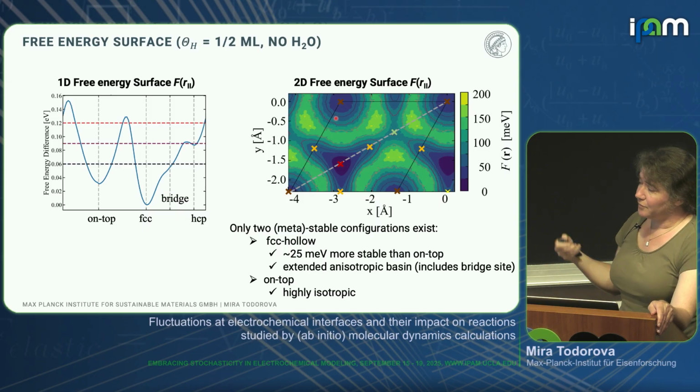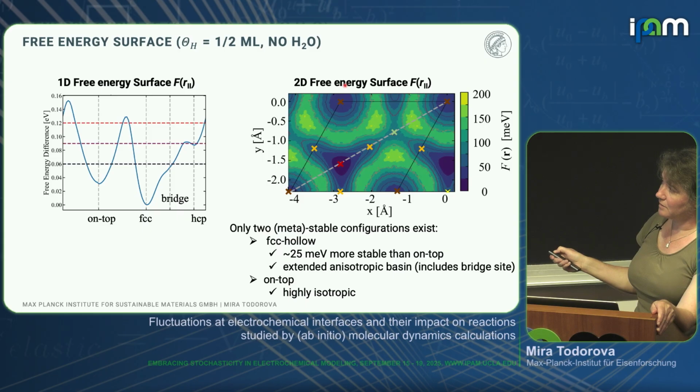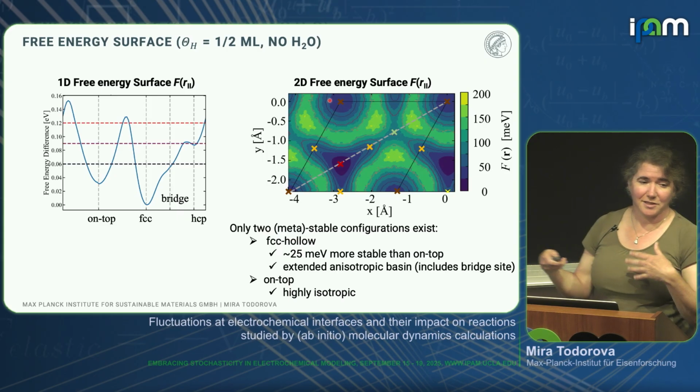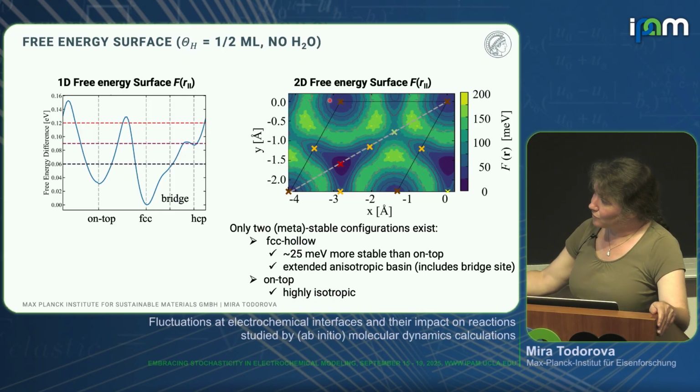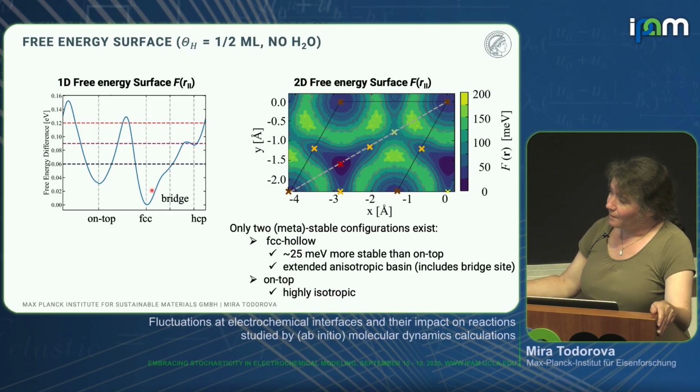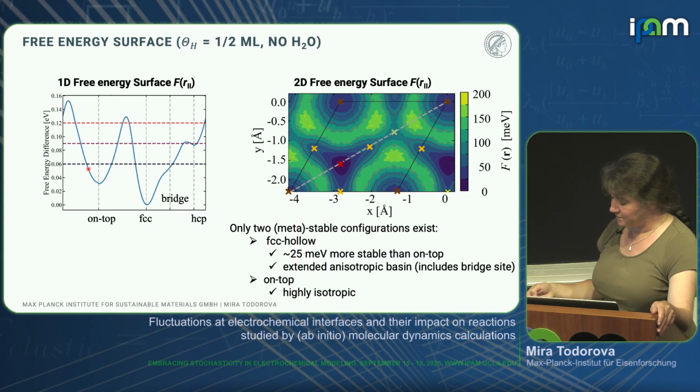If you increase the temperature and go to room temperature, there is also a certain probability of occupying the top sites, and the most likely path is going this way, via the bridge, but we haven't explored this in detail. You can also see we don't have an absolute barrier here, but a relative barrier when we go from one hollow site to the other hollow site, and that's a free energy barrier.